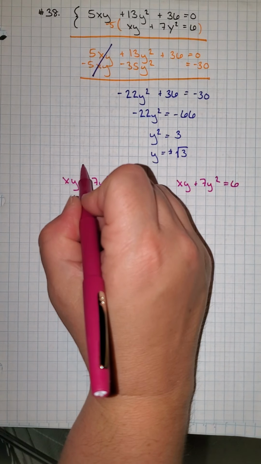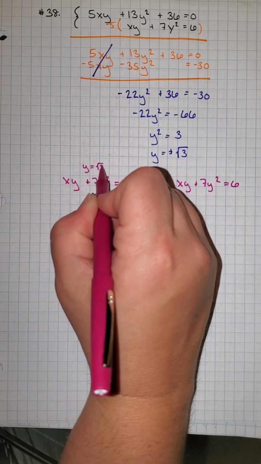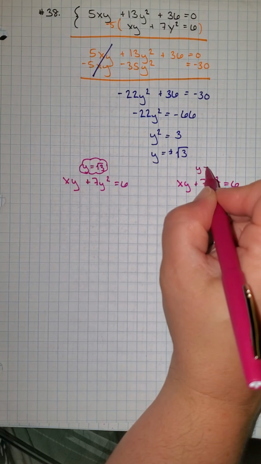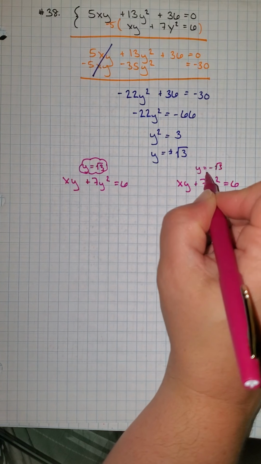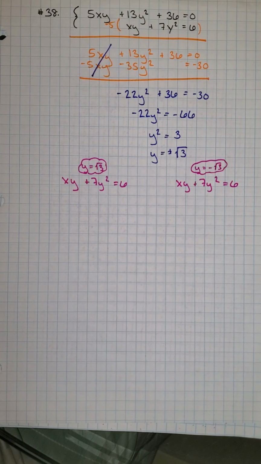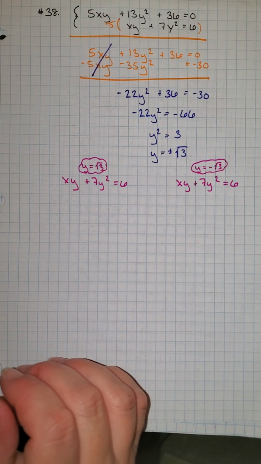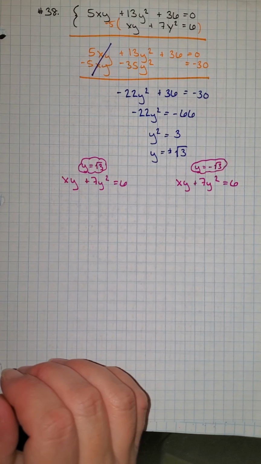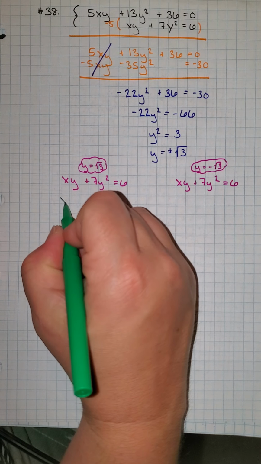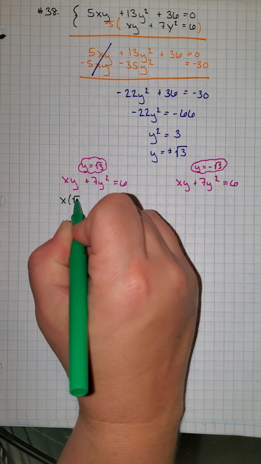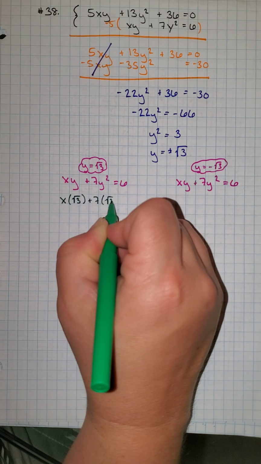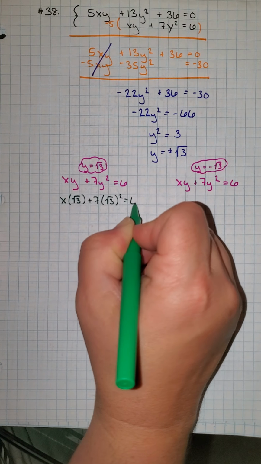So for this one, I'm going to do y equals radical 3. This one, I'm going to do y equals negative radical 3. and I'm going to plug it in. So we'll have x times radical 3, plus 7 times radical 3 squared equals 6.